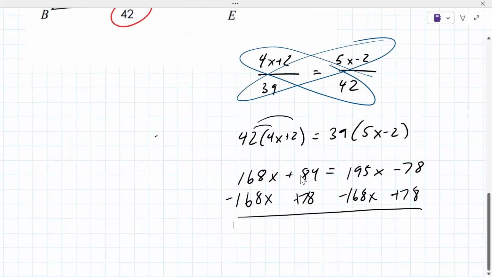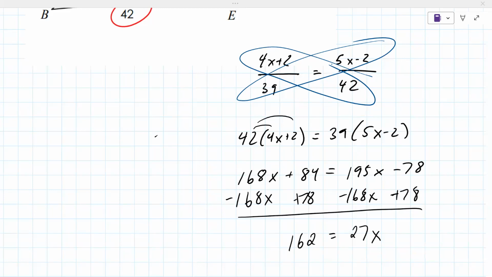So on the left, 84 plus 78 is 162. And on the right here, what is that? 27? Doesn't seem like it's going to work out.